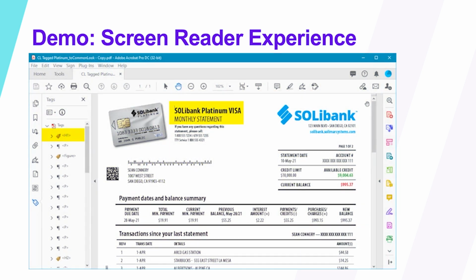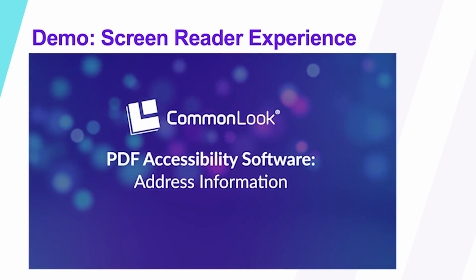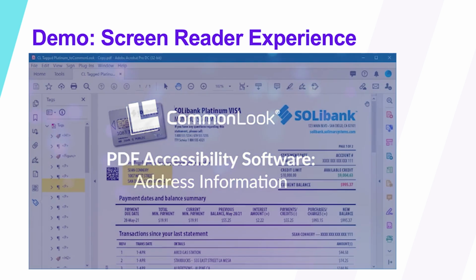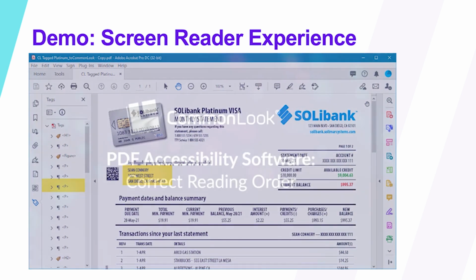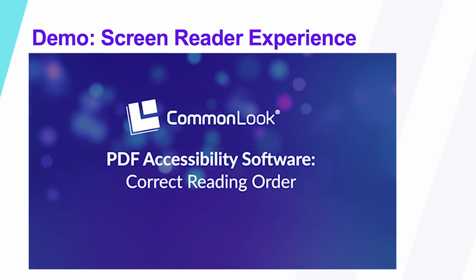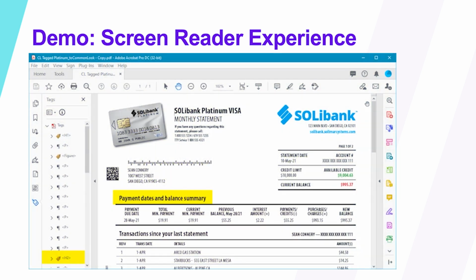Heading Level 1 Page 1 Solibank Platinum Visa Monthly Statement. If you have any questions regarding this statement, please call 1-800-555-1234/619 555-1235 Service 1-800-555-4321. Sean Connery, 1007 West Street, San Diego, California, 91903. 4112. Heading Level 2 Payment Dates and Balance Summary.